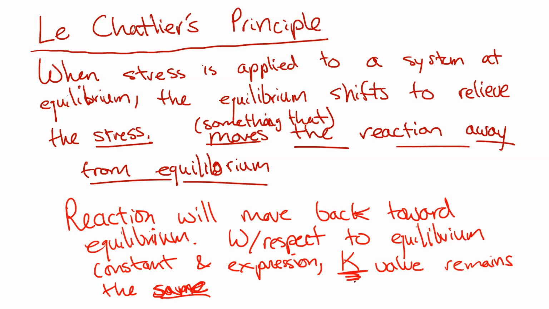So the value of K will remain the same at equilibrium. Once equilibrium is reached again, the K value will be the same. So the K value at the new equilibrium will be the same as the K value at the old equilibrium. That does not mean concentrations will be the same. That means the ratio calculated, the K value itself, will be the same. Okay.